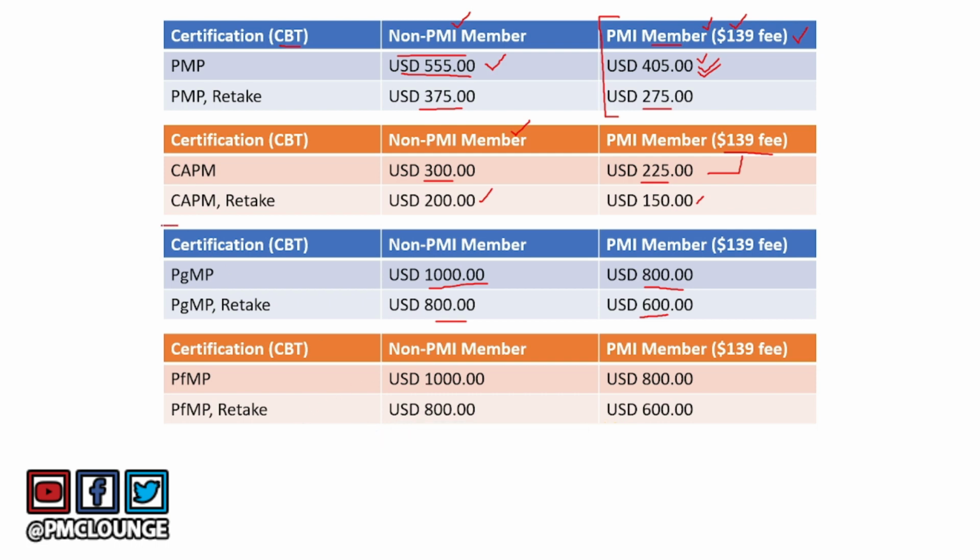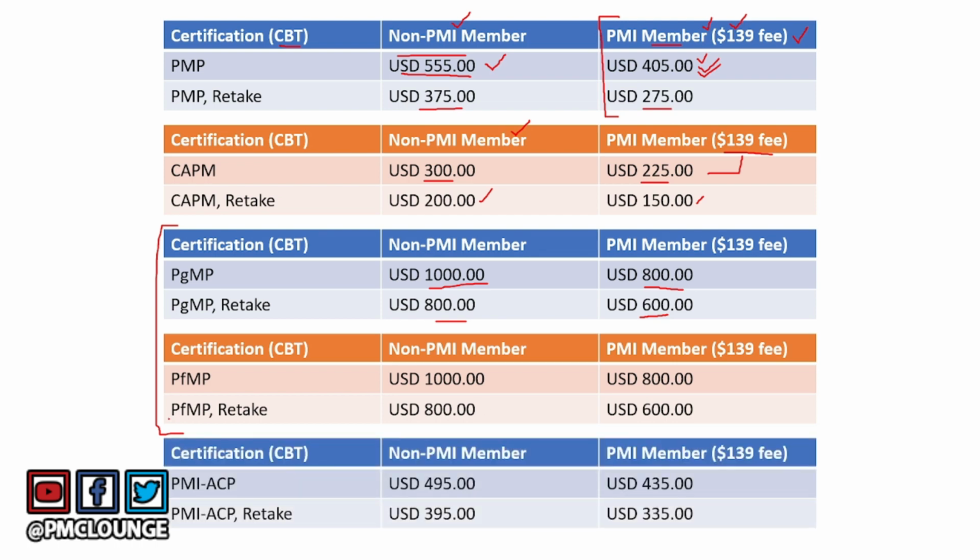Same as PgMP, $1,000 and $800 for those who are non-members and members respectively, and then $800 and $600 for the retake. Then we have ACP, the Agile Certified Practitioner, $495 US for non-PMI members and $435 for PMI members, $395 and $335 US respectively for non-PMI and PMI members when you need to retake the exam.